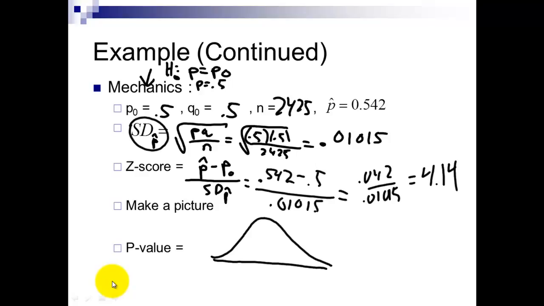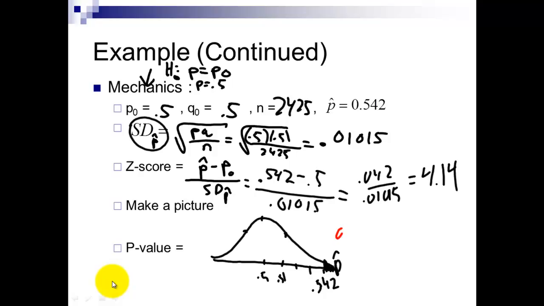You can set up the distribution of all possible sample proportions, and say that it peaks at 0.5, and the standard deviation is about 0.01. So at one inflection point there, we've got 0.51. And we find ourselves way over here with our 0.542.